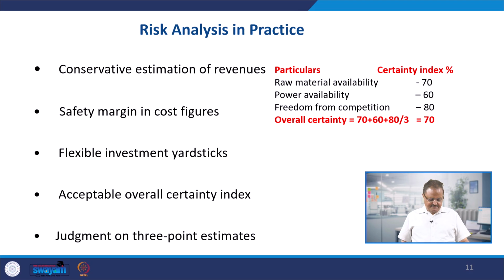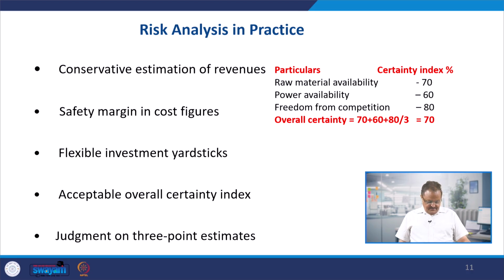They're going for flexible investment yardsticks, so sometimes they change the internal rate of return, sometimes they change the NPV requirements, and finally they decide on the projects which are going to give them the NPVs or IRRs as per their expectations.